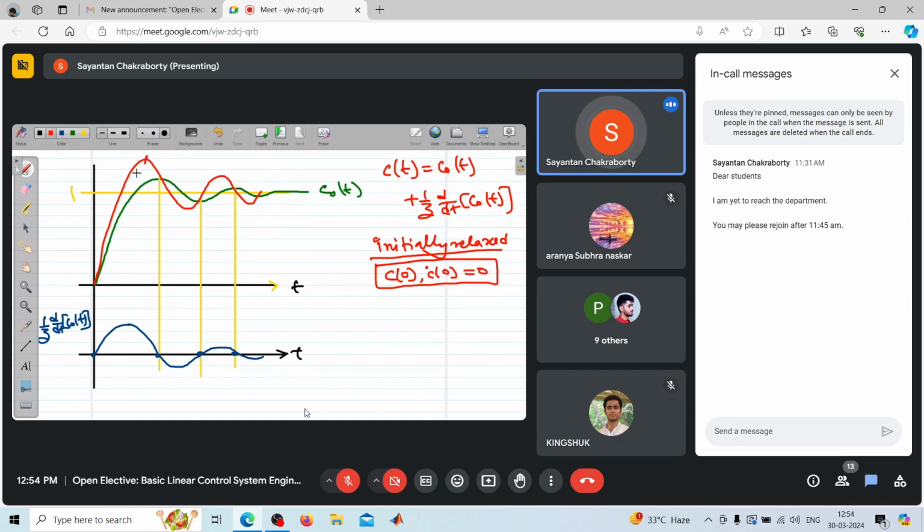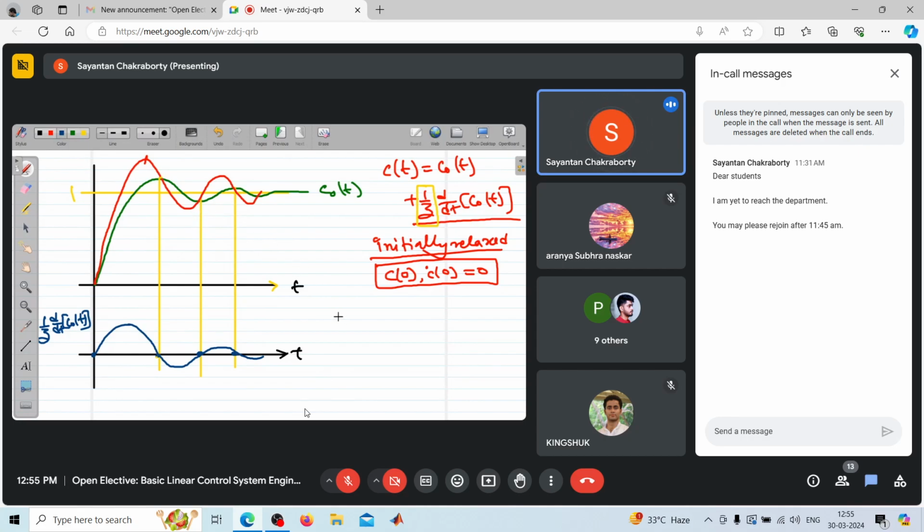There will be a pronounced peak, and that will happen even before the peak of the original system due to the addition of this term, and this peak amplitude will be a function of this 1 by z. As the zero moves closer to the origin, z will be reduced and the peak amplitude will obviously increase, and at these points, since this part is 0, it will be passing through the original response.